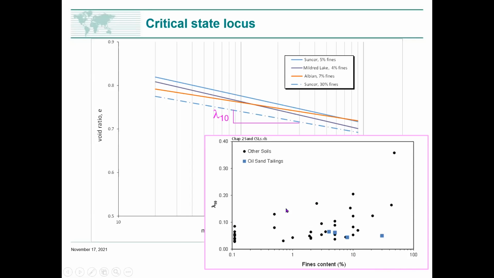Over here, we have some regular construction sands that you and I in consulting might encounter, and then we get over to some sandy silt tailings over here. The blue dots are the values for oil sand tailings, and the Suncor, the Mildred Lake, and Albion are much of a muchness compared to what you might expect. The funny one out is the Suncor at 30% fines, which seems to be unusually incompressible.